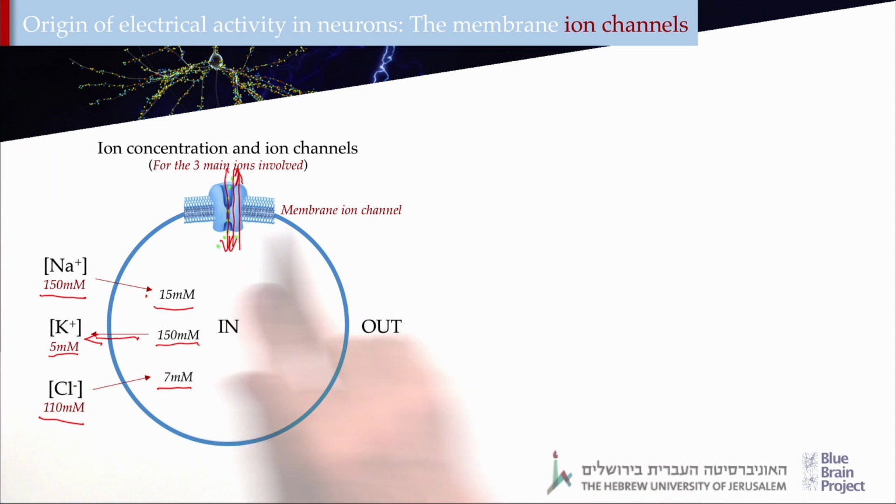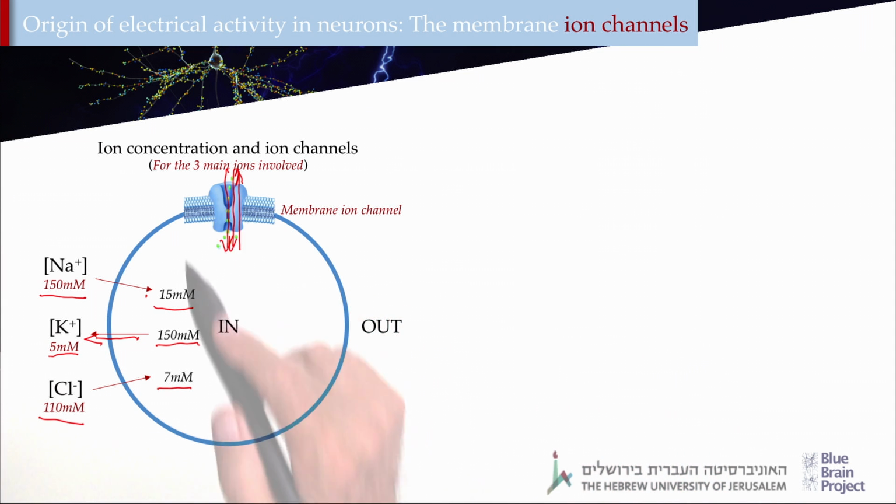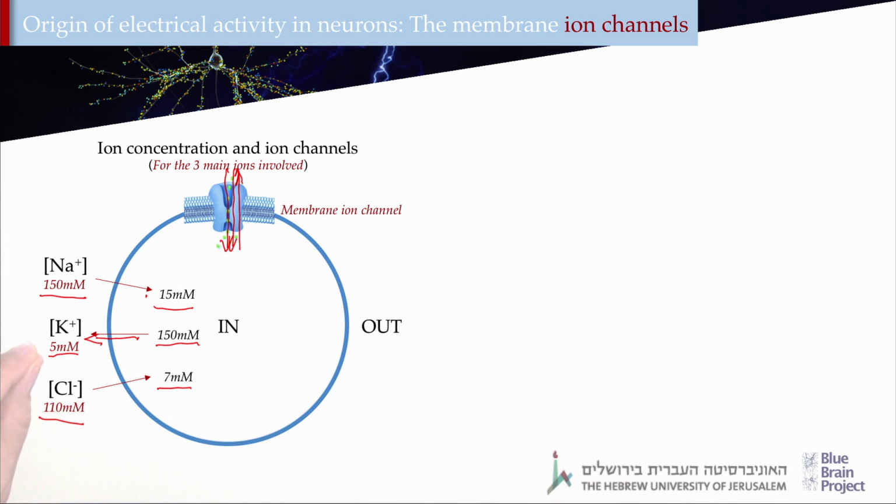So if the membrane is completely sealed, no current will flow. And if there are channels open, current will start to flow. And when I say current, I mean either sodium current or potassium current or chloride current. These are the three currents that enable the neuron to become an electrical device.